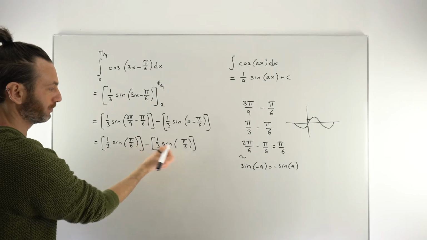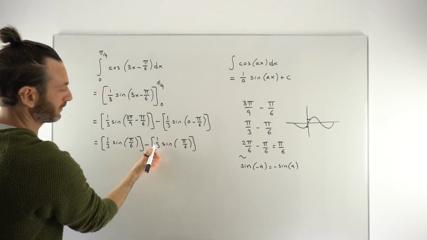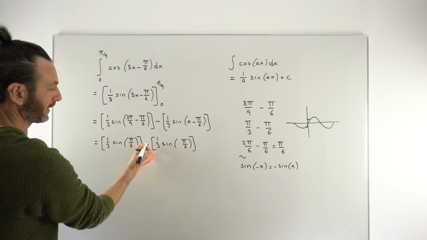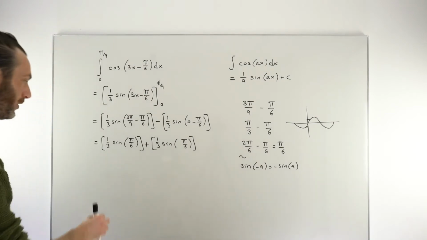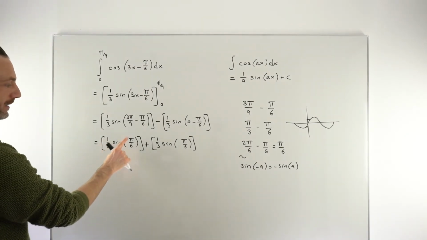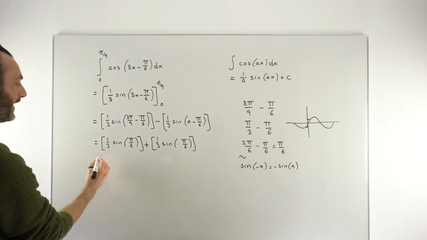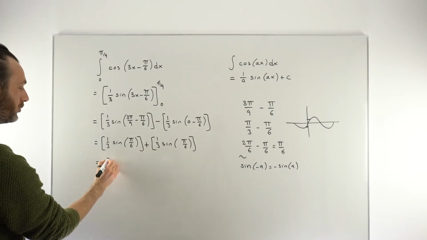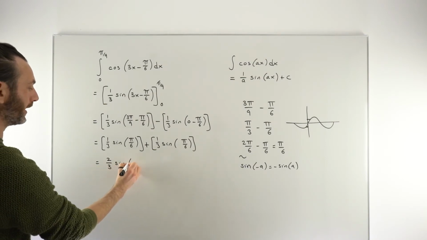So I can actually pull that negative from there to here using that formula, and then from here to this negative to make that a double negative, otherwise known as a positive. So now we've got 1/3 sine pi by 6 plus another third sine pi by 6, either of the same terms. Adding those together, we're just going to get 2 of those, so 2/3 sine of pi by 6.